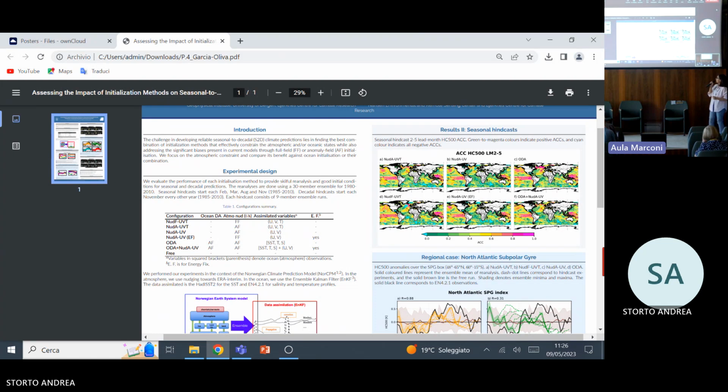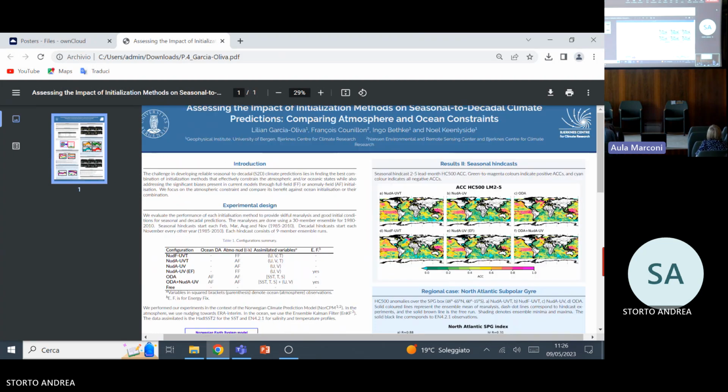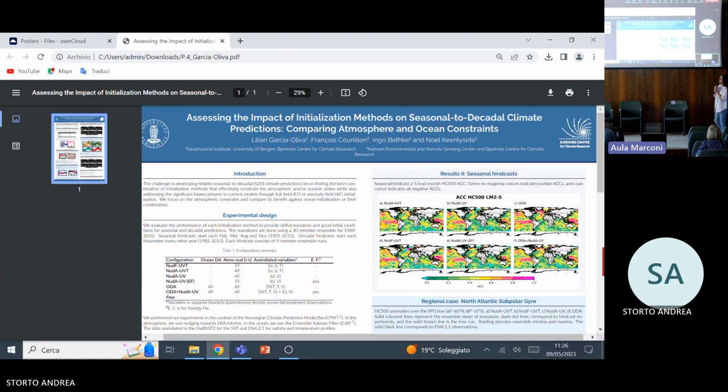Okay. Hi, everybody. My poster is going to show you some results about an assessment we did using atmospheric constraints against ocean constraints for getting seasonal to decadal predictions.